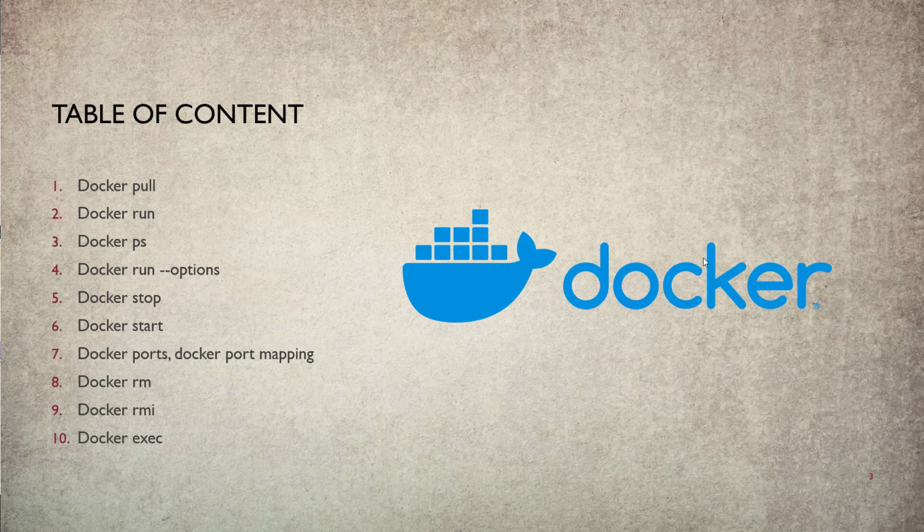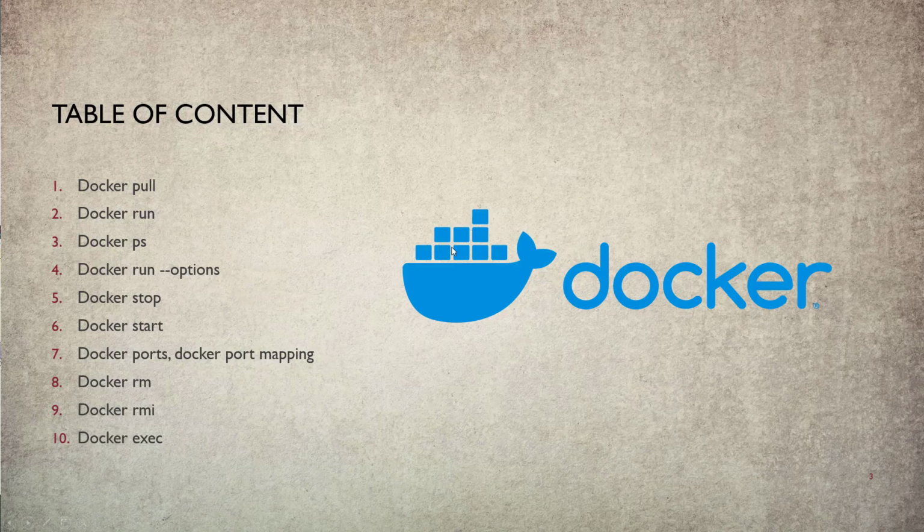So we'll demonstrate how to use these commands with practical examples, showing you how to pull the Nginx image, run it in a container, manage the container, and execute commands inside of that same container. And by the end of this tutorial, you'll have a good understanding of how to use Docker to manage containers and deploy applications.